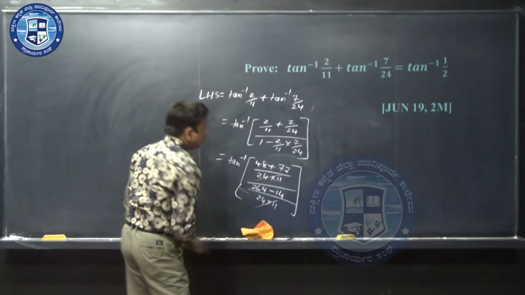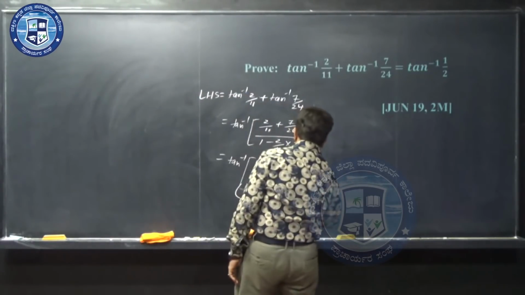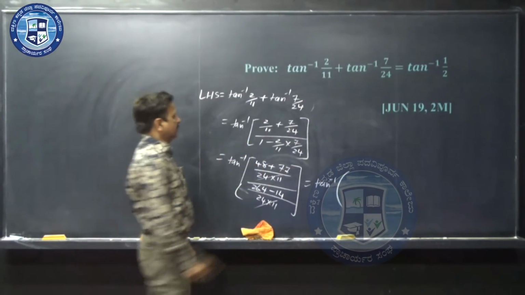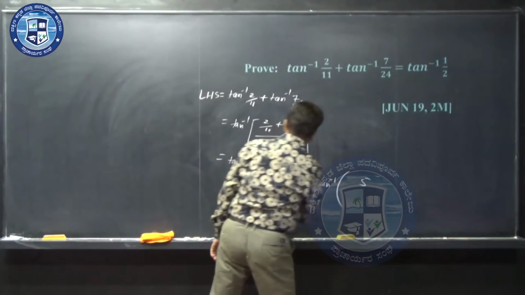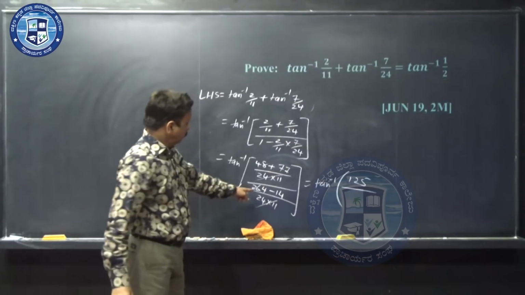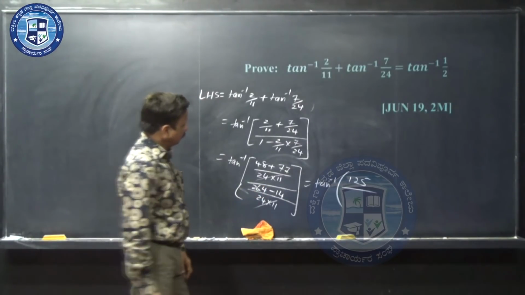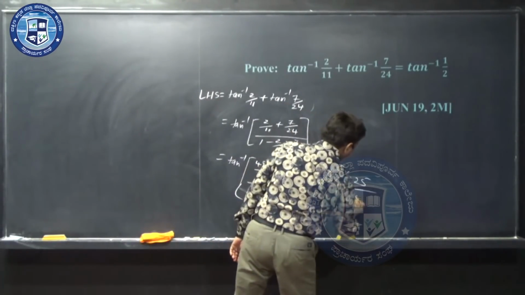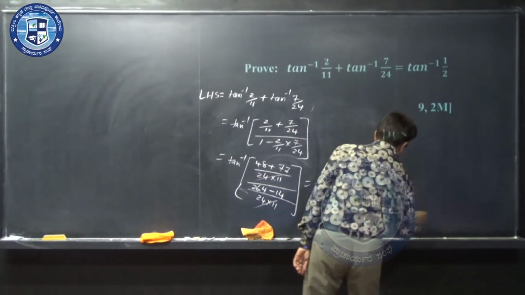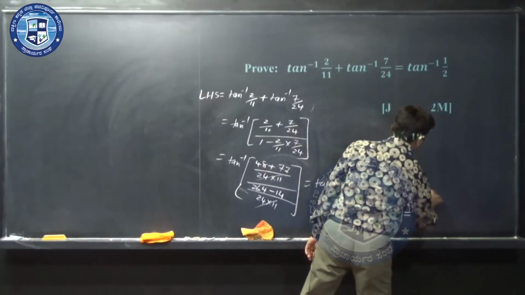This and this get cancelled. That is equal to tan inverse of, let us see how much you are getting, 48 plus 77, 125 divided by 264 minus 14, which is nothing but 250. So, this will be definitely equal to tan inverse of half, that is the right hand side.